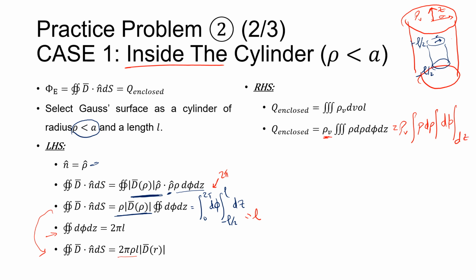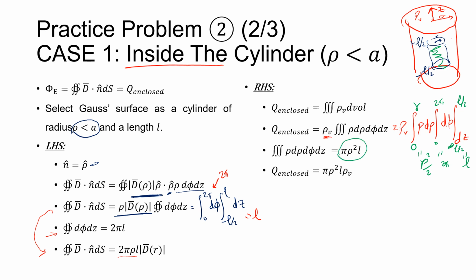The integration goes from minus L over 2 to L over 2, from 0 to 2 pi, and this one is from 0 to r, the enclosed charge. Doing this one will get r, this one 2 pi, and this one again is just L. This is rho squared over 2, and in total you will get pi rho squared L. And after you include rho v, then you have pi rho squared L rho v.